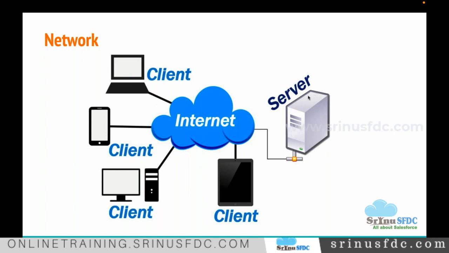Let's say in America, in one of the locations, they have a server. All the videos we watch in YouTube will be there in their server. Whenever you try to open youtube.com and open the video from our device through the internet, it will connect to the YouTube server and it will bring the video and show it. So that's what will happen.